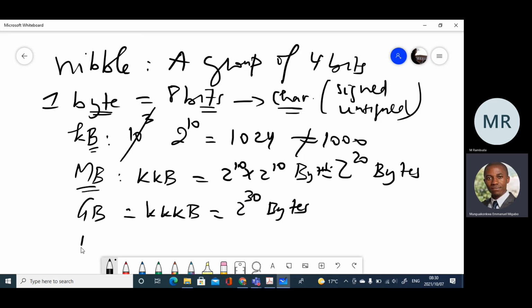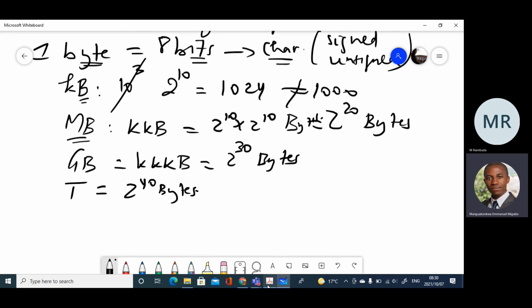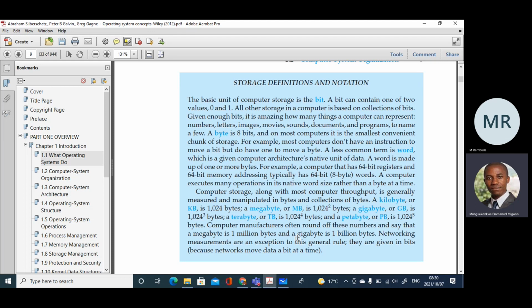And terabytes, which is 2 to the power 40 bytes, etc. So those are the units of memory storage. Very important to mention that. Then petabyte, which is 2 to the power 50.